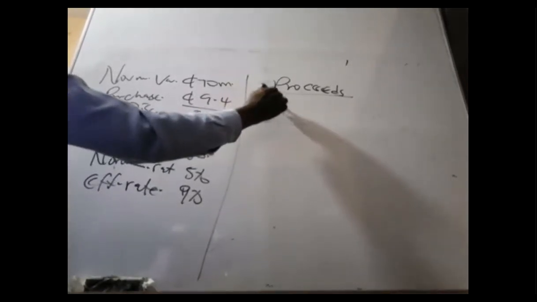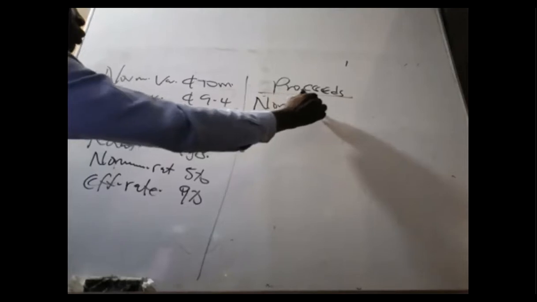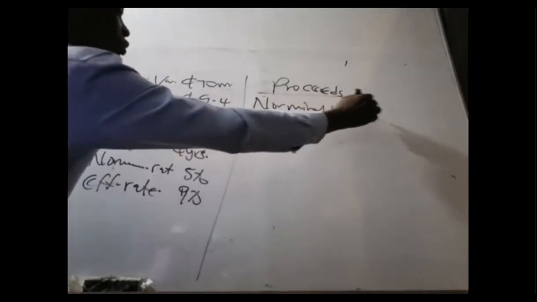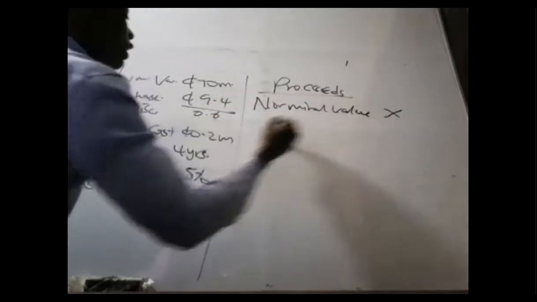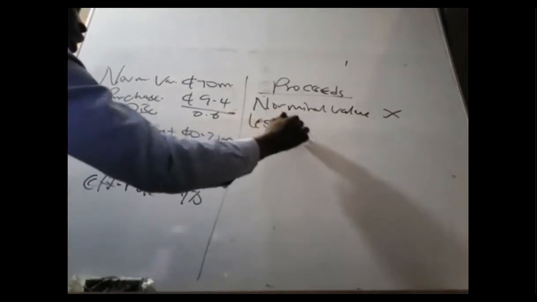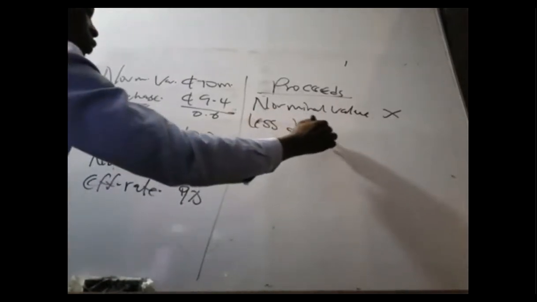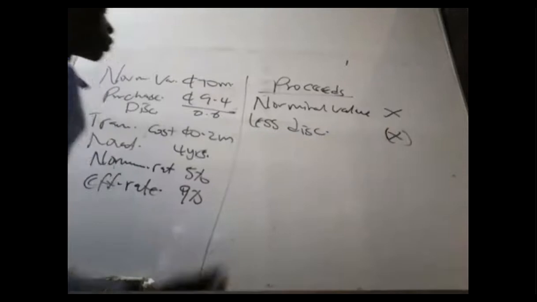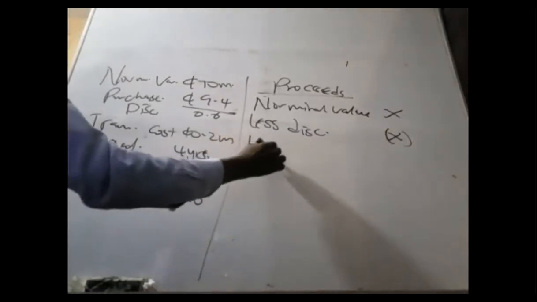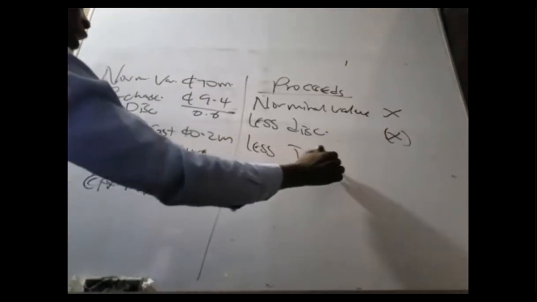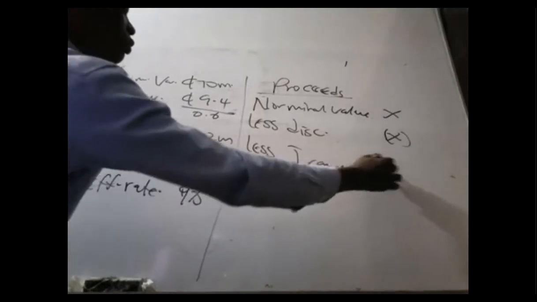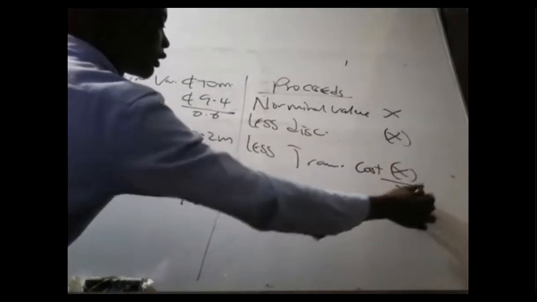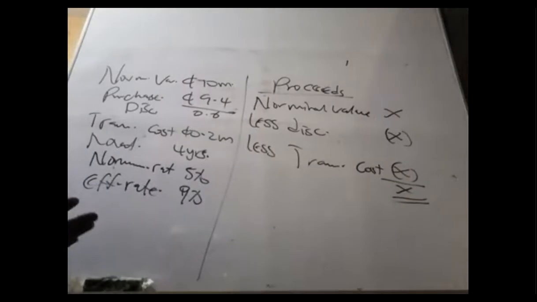You start from the nominal value or the par value, so much less discount, so much less transaction cost. That is all. This gives you the proceeds, how much you actually receive from it.